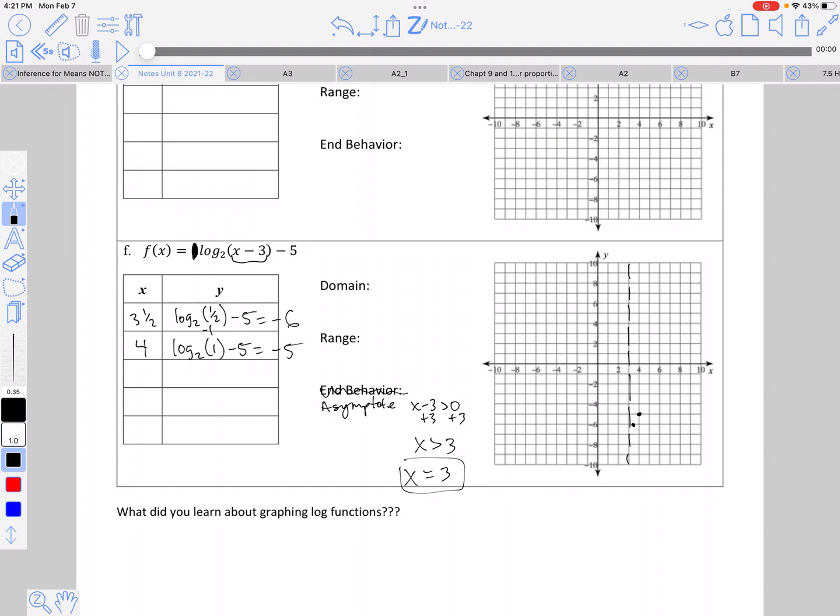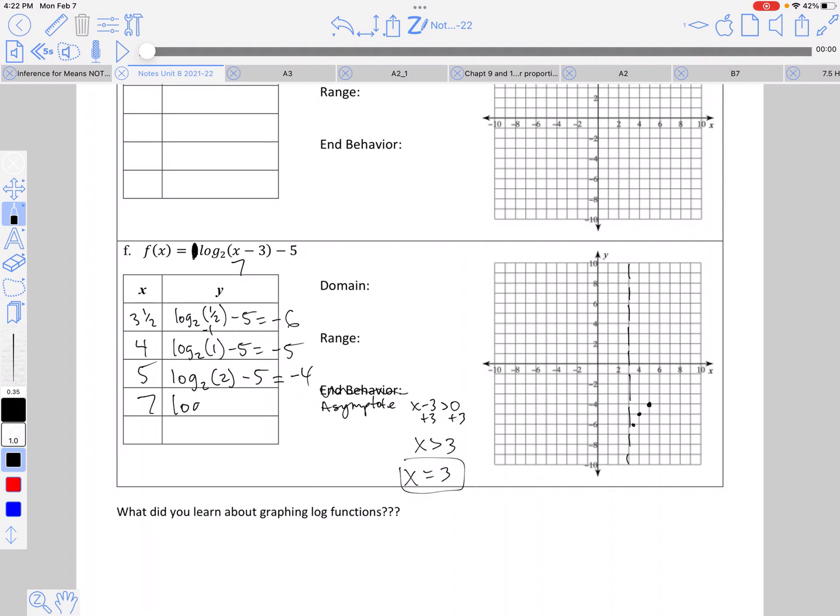And then let's plug in a 5. 5 minus 3 is 2. So log base 2 of 2 is 1. 1 minus 5 is -4. So at 5, I'm at -4. Okay, this is where it gets a little bit tricky, because 6 minus 3 is 3. We can't multiply 2 over and over to get 3. So then try 7. 7 minus 3 is 4, that's going to work.